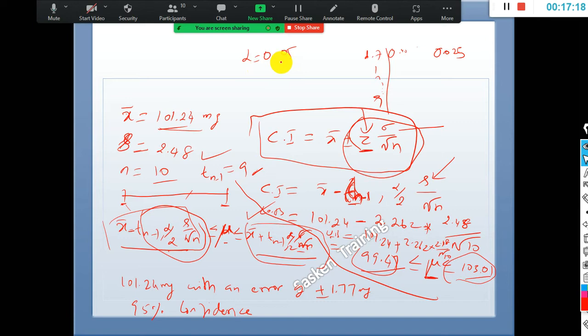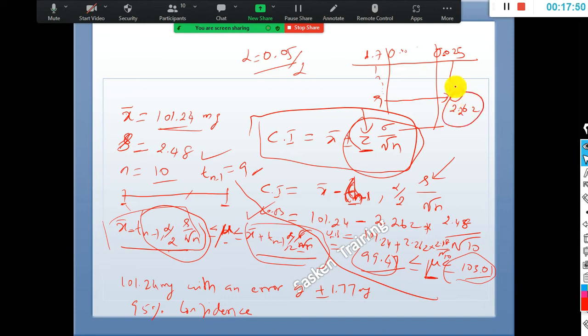Usually researchers conventionally use the alpha value as 0.05, and since we need to find the lower and upper bound, we do alpha divided by 2. 0.05 divided by 2 is 0.025. Okay, hence this is my confidence level. And where these two values intersect in the t-distribution table, you will find 2.262.